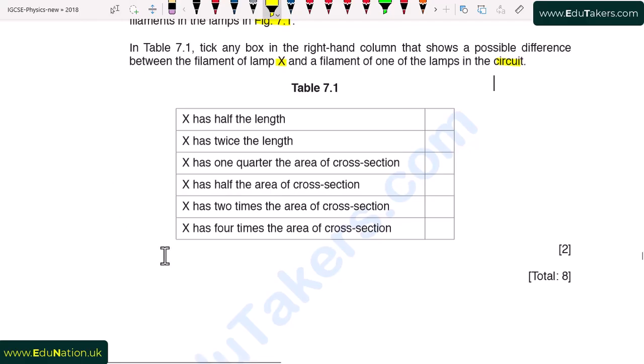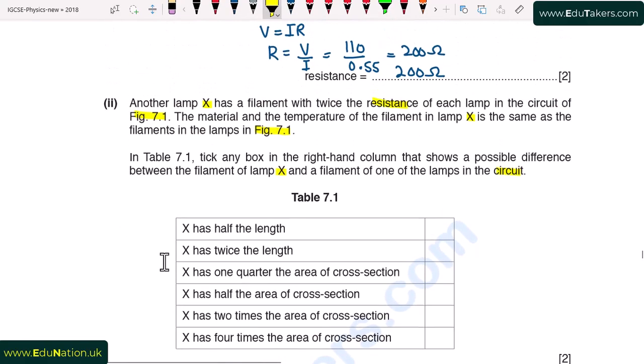First of all, if I consider that the filament used in the circuit has a resistance R, there is another filament whose resistance is double. I write it as 2R. So this is the new lamp and this is the lamp in the circuit.